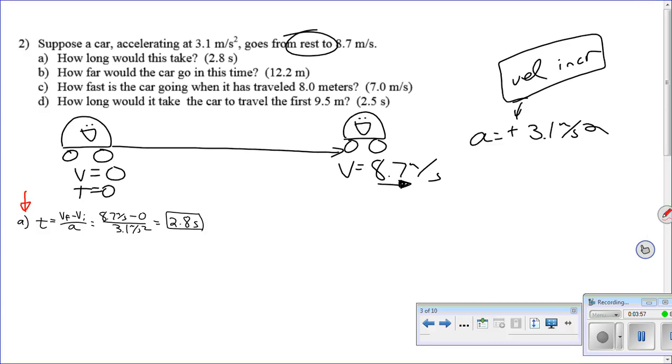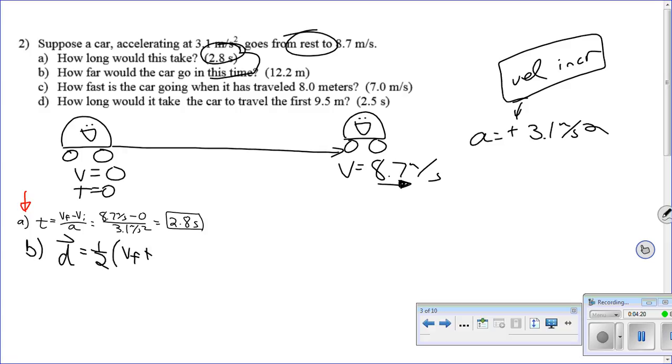All right, part B says, how far will the car go? Oh, well, this is the same exact time interval. Because when it says this time, it means this time here, the 2.8 seconds. So when I say how far does it go, that means we're looking for displacement. So you can use any of the displacement equations. You guys seem to prefer the screwdriver, so here we go.